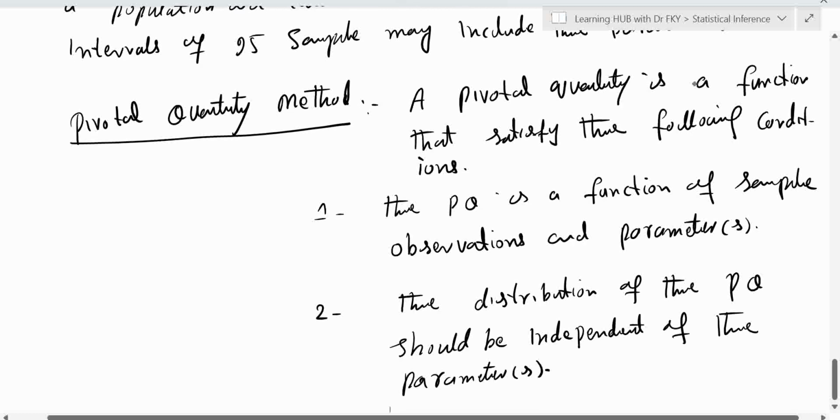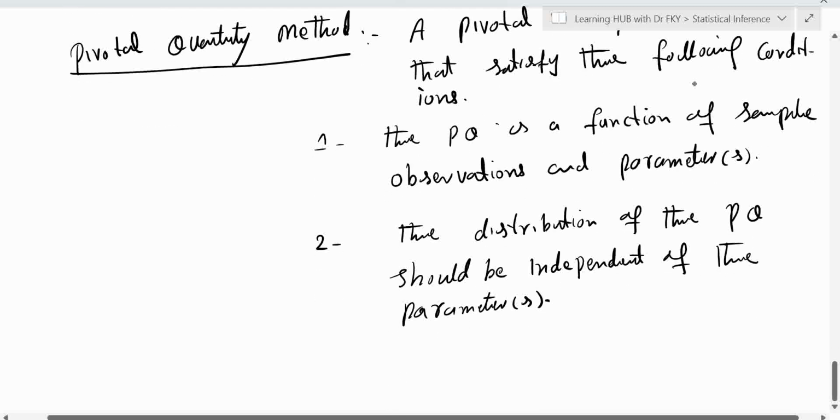So we need to check these two conditions while going for calculating the confidence interval for any data.